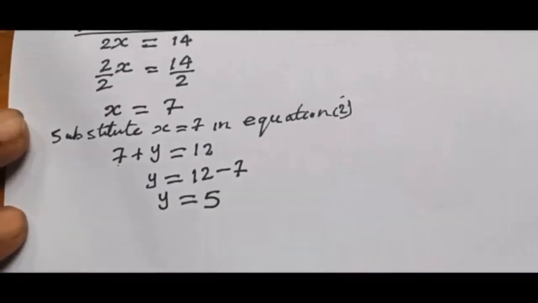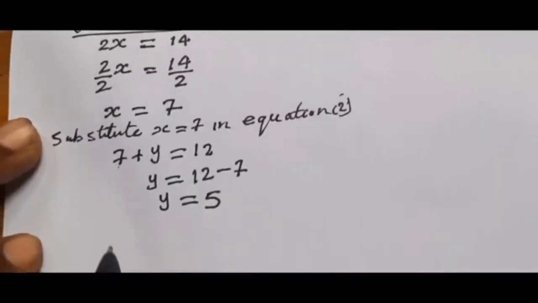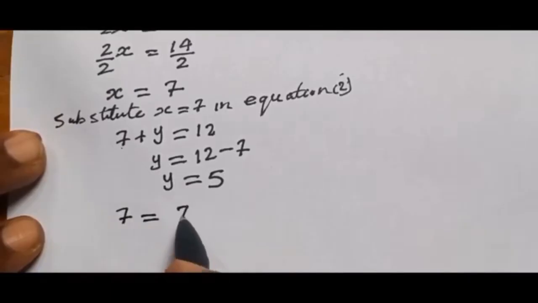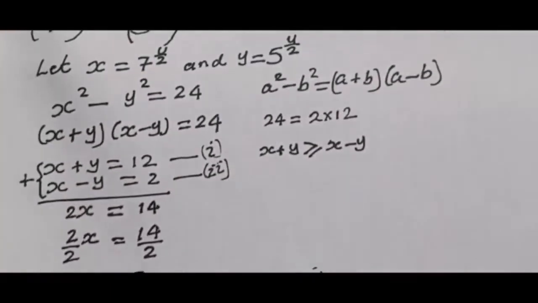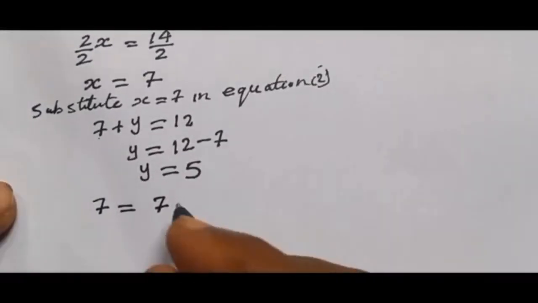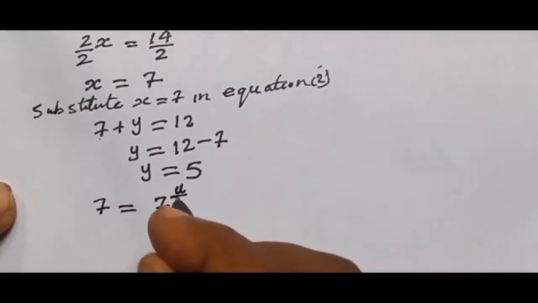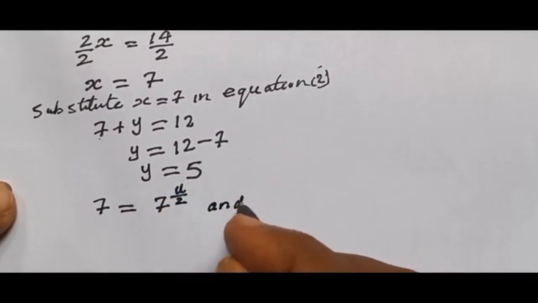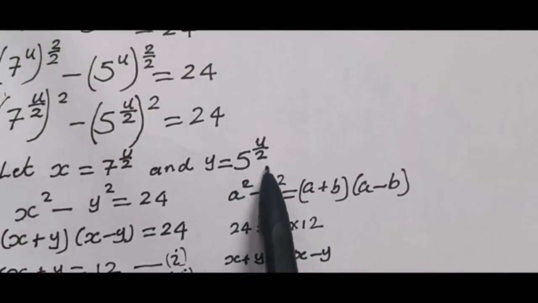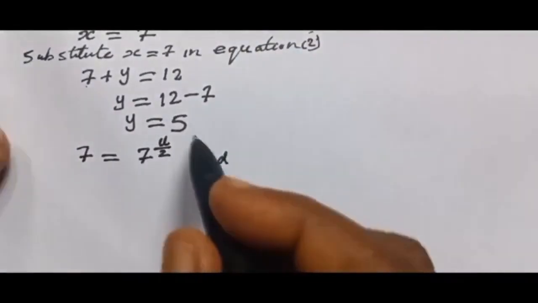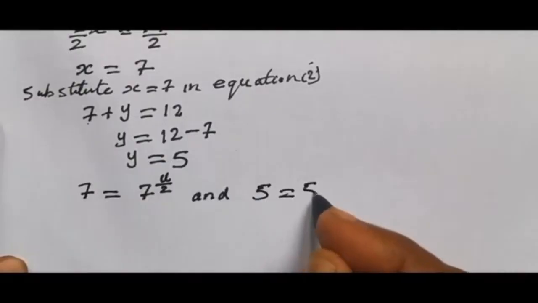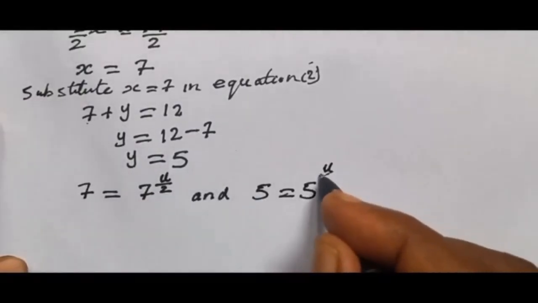So we have x, which is 7, equals 7 raised to u over 2, and y, which is 5, equals 5 raised to u over 2.